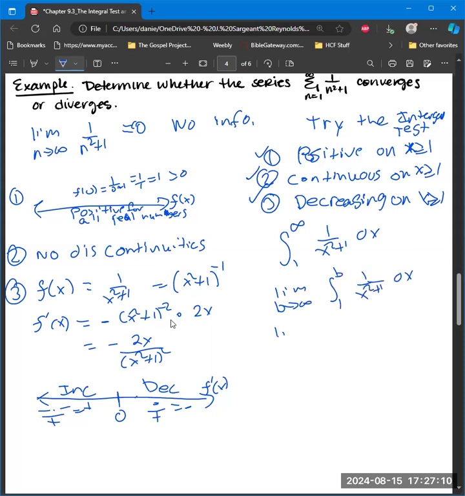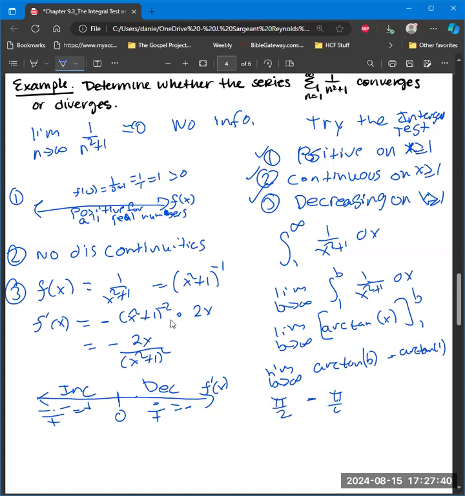It's the limit as b goes to infinity of arc tangent of x evaluated from 1 to b, the limit as b goes to infinity of arc tangent of b minus arc tangent of 1, which is pi over 2 minus pi over 4, which is pi over 4.